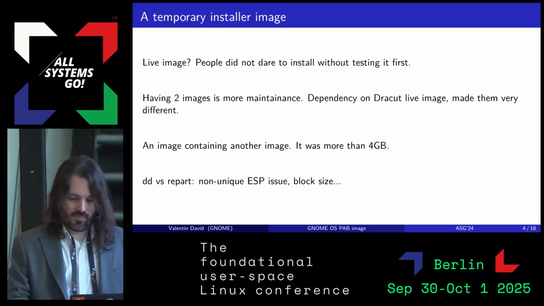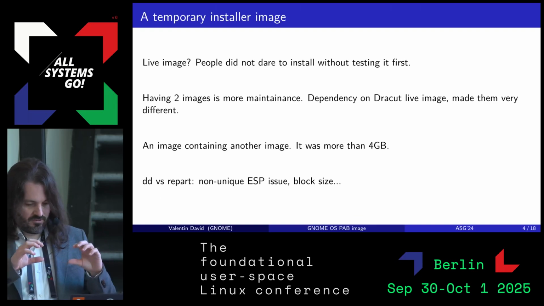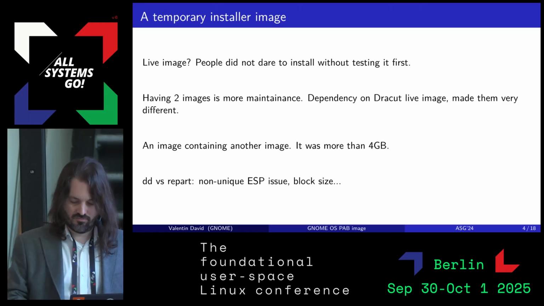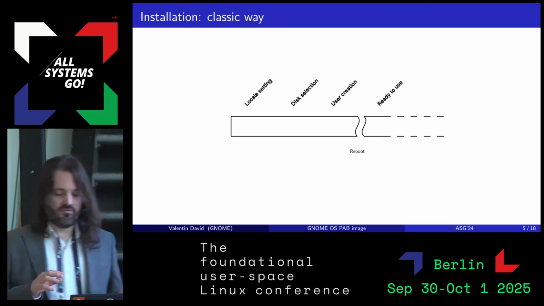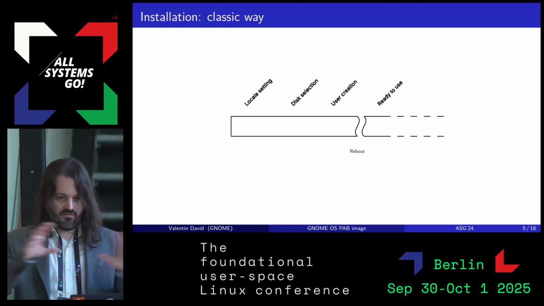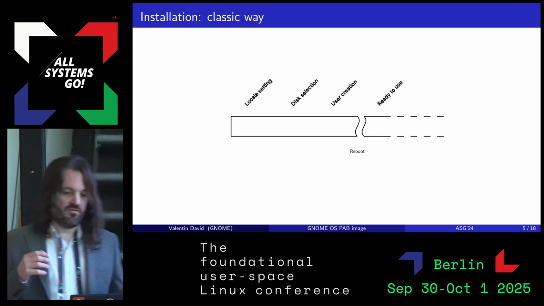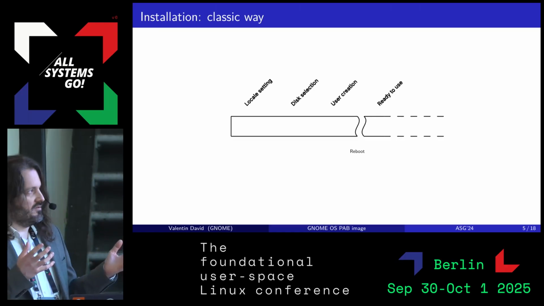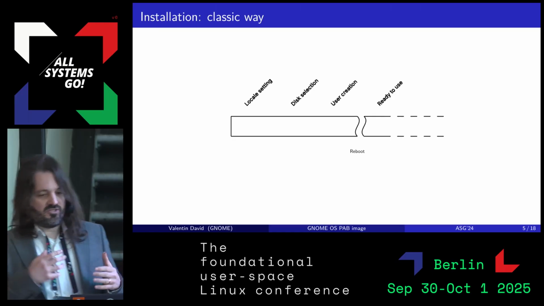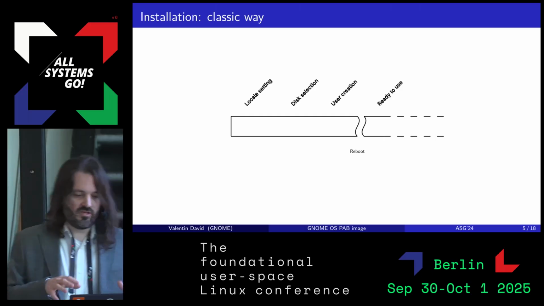And I wanted to have the smallest installer possible and reuse the rest of GNOME. So first of all, let's go back a bit and think about the installation of Linux distributions. To really simplify how it works, we usually boot a live image, and we have some settings to do.